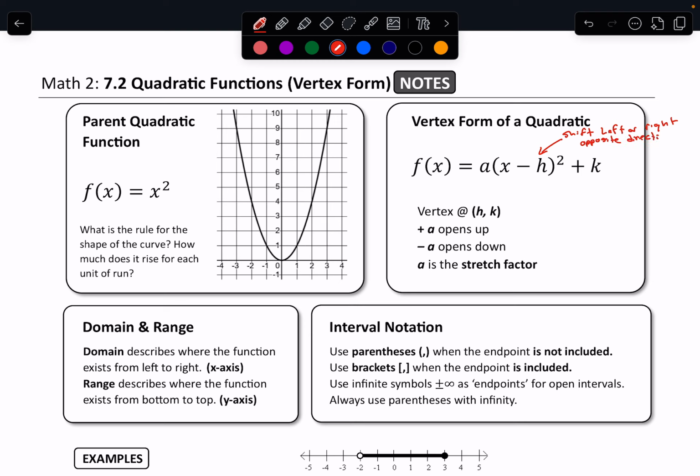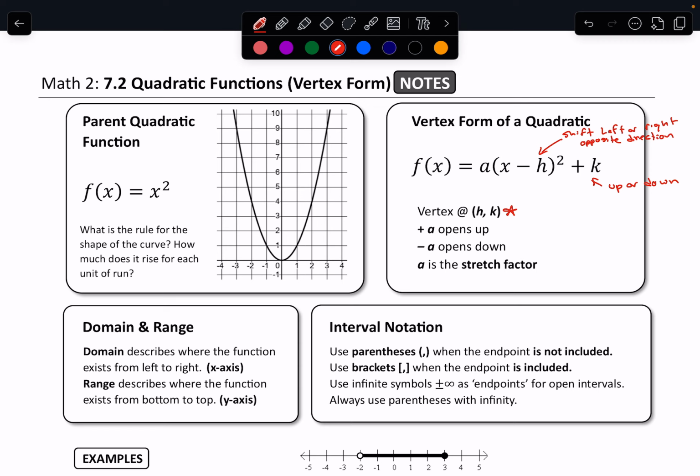Okay. Now k is going to shift your function up or down. If it's a +5, your function goes up 5. If it's a -8, your function is shifted down 8. Which means that (h, k) is your vertex, just like the absolute value functions.